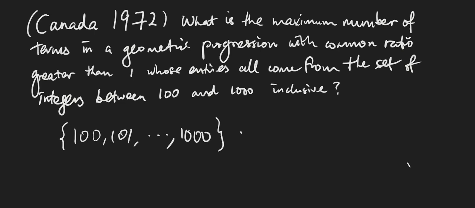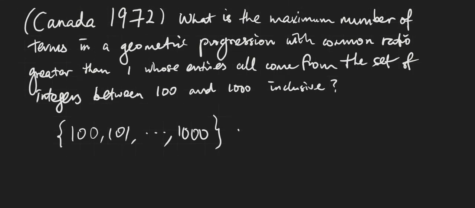So let's try to find some long GPs that we can find, and then we try to prove that it's the longest. The first thing that comes to mind might be to take 100 as the starting number for the GP, because it makes sense that if a GP is long, it must start early, right?